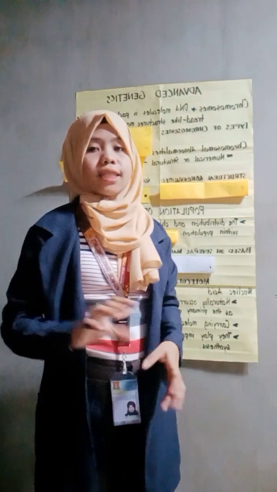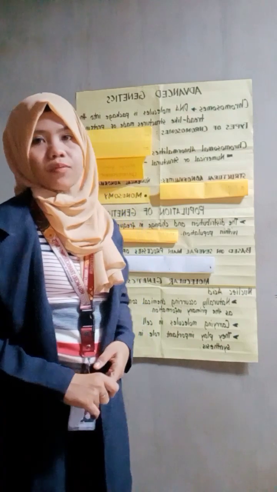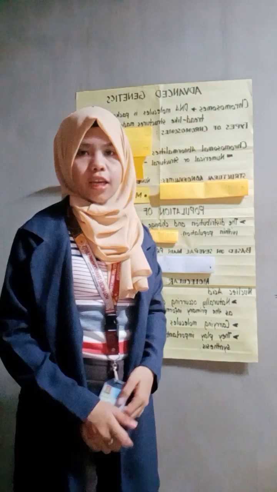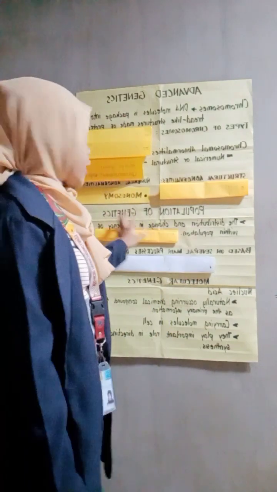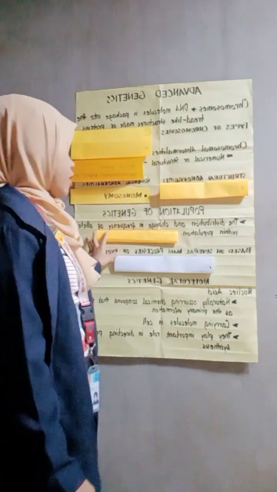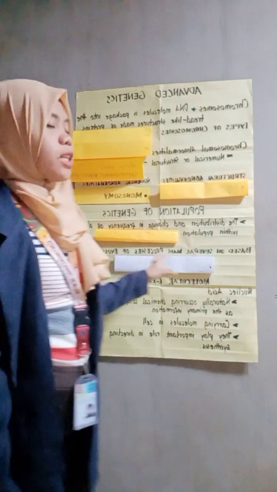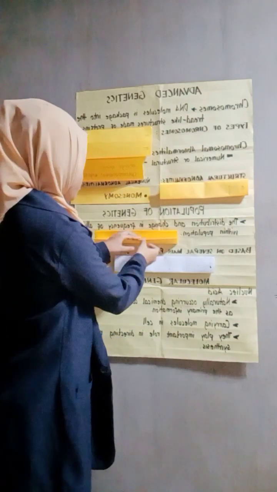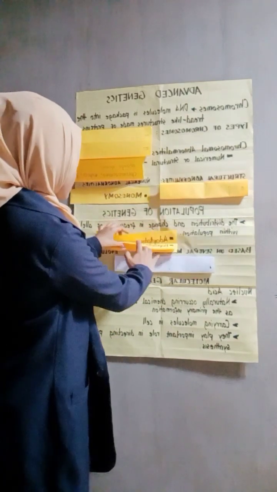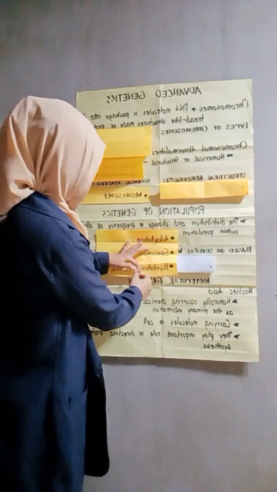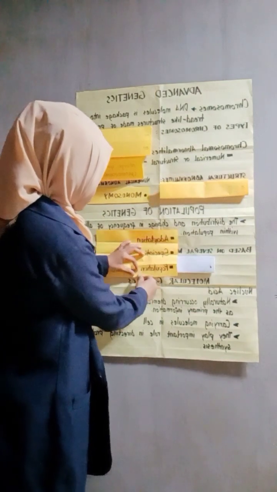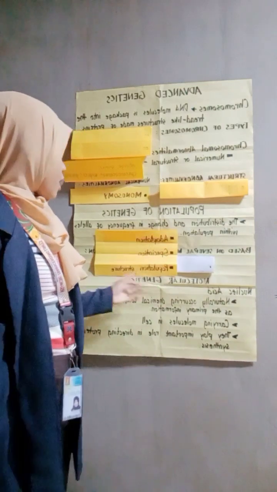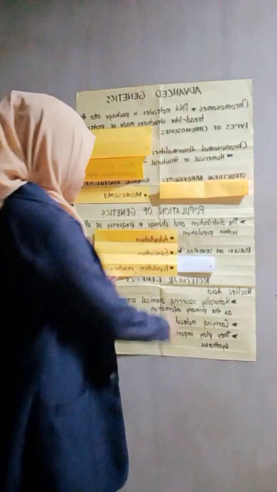Our next topic is population genetics. So what does population genetics mean? Anyone? Any idea? Population genetics is the distribution and change in frequency of alleles within populations. It includes adaptation, speciation, and population structure.